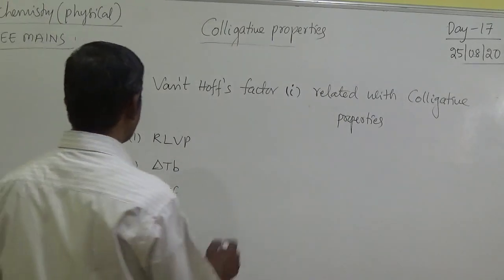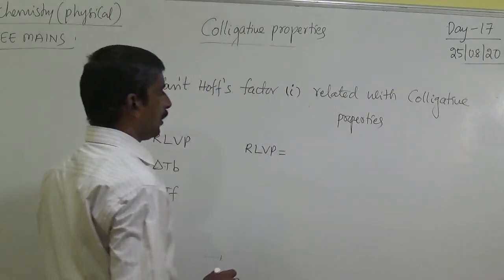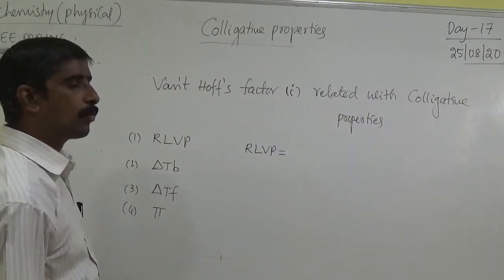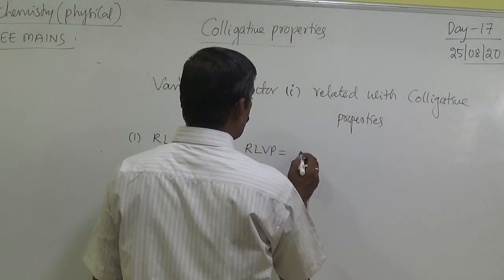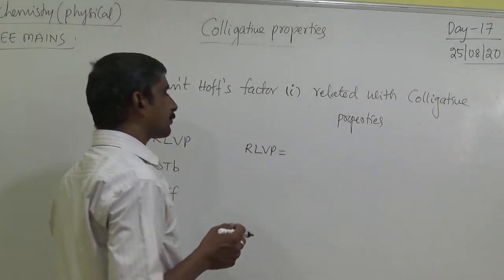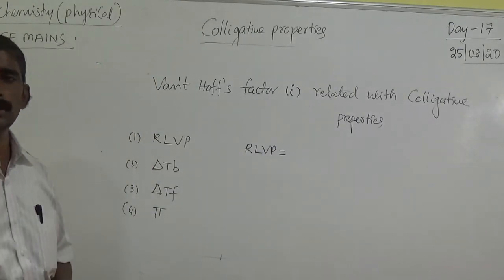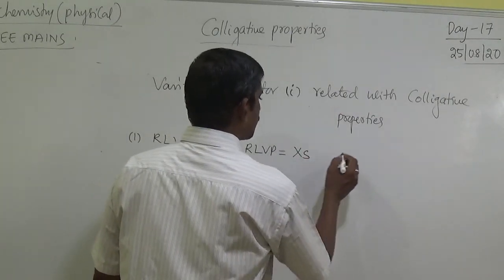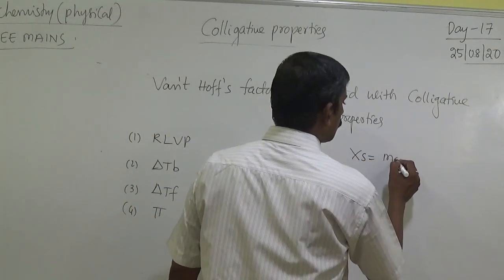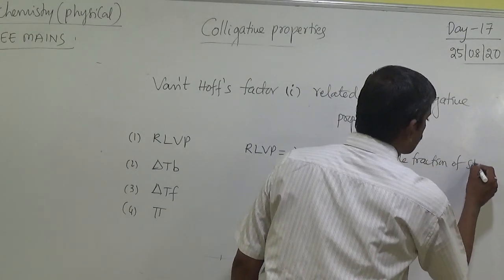First one is simply here RLVP, relative lowering of vapor pressure for a dilute solution, equal to the mole fraction of the solute in the solution. Excess means mole fraction of solute.